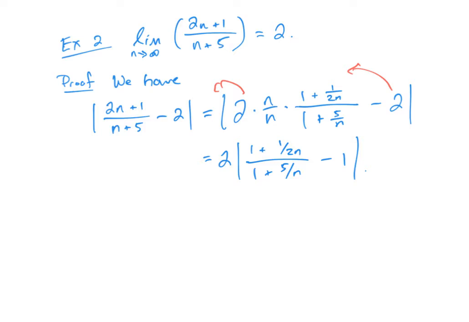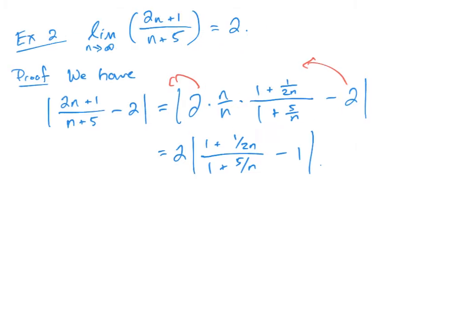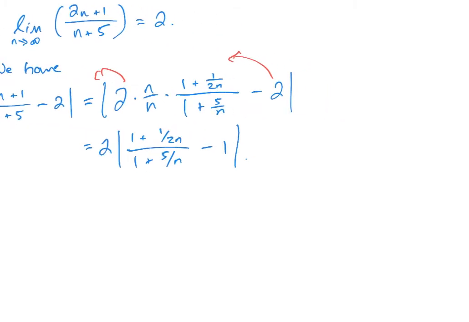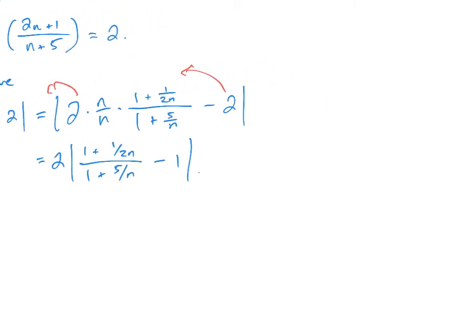What are we going to do with that? Well, this is where limits get messy. We go over here and do our scratch work. We're going to say, what do we want? We want this to be less than epsilon.